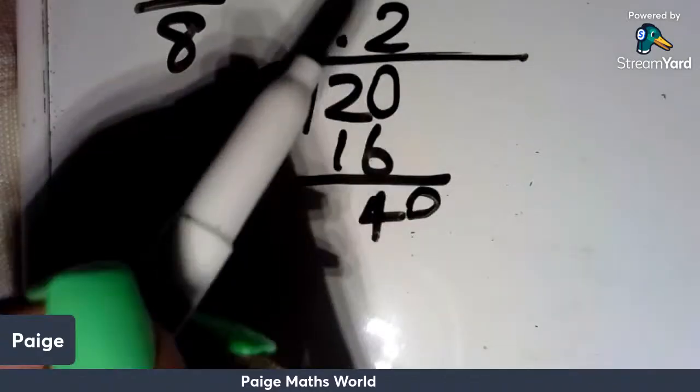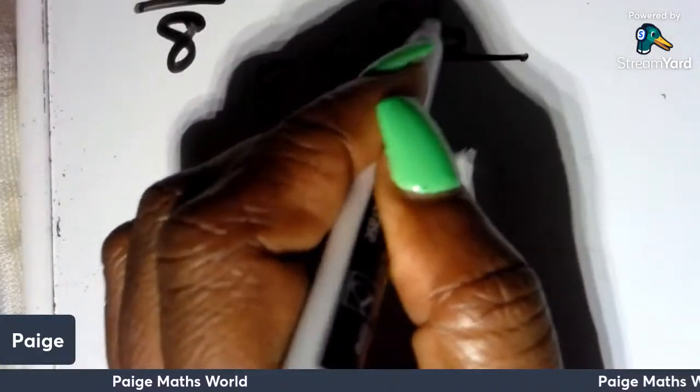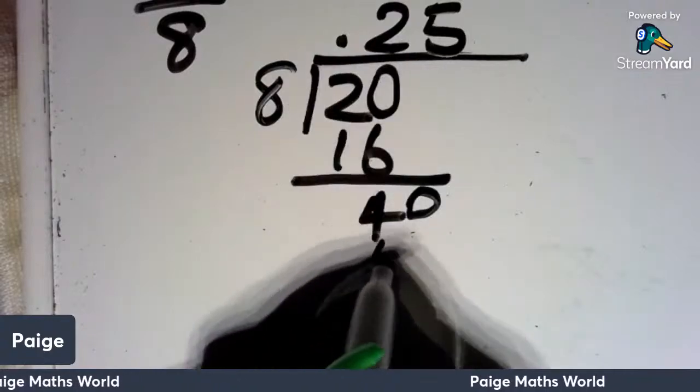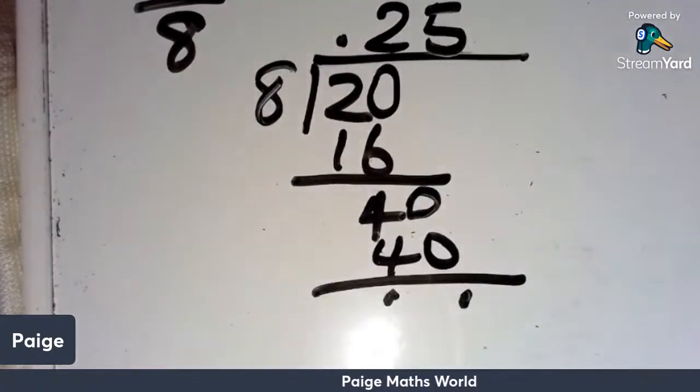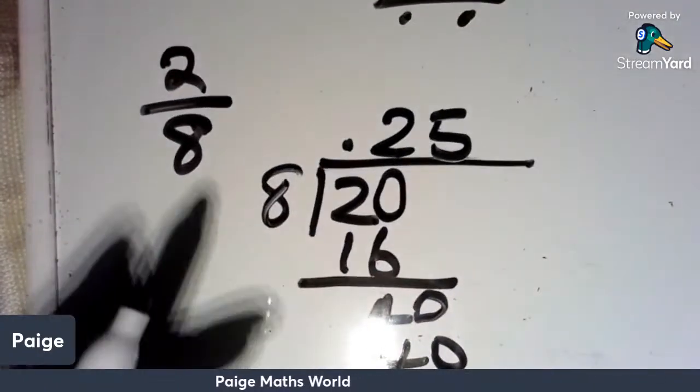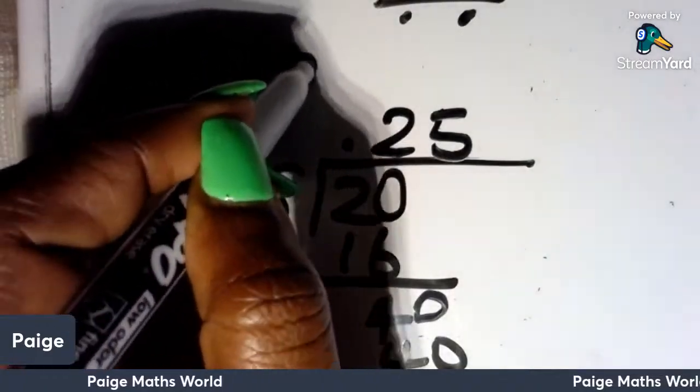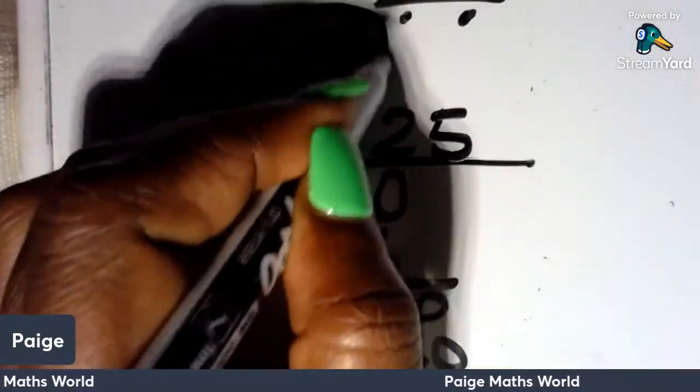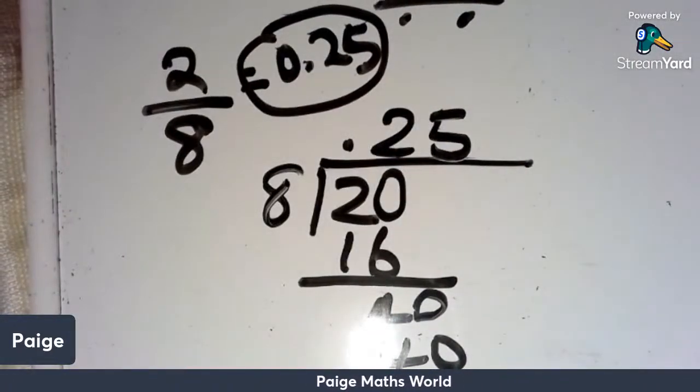Okay, 5, because 5 eights is 40, and so we ended up with 0. So our decimal for 2 over 8 is 0.25. So that's your answer for the decimal.